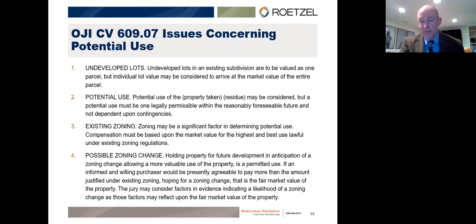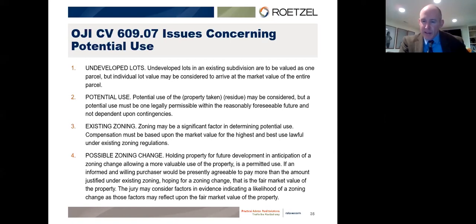And that can be the subject of a motion in limine gun battle when you get into an eminent domain case as to whether there are contingencies that have to be satisfied for a particular potential use that a property owner is advocating. And then zoning, it does come into this picture a little bit.